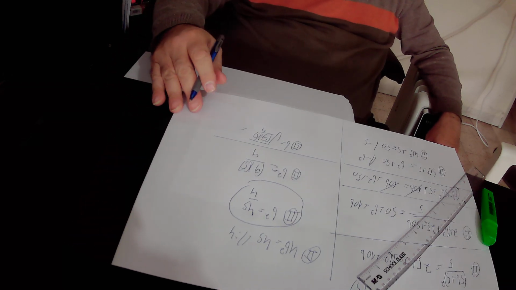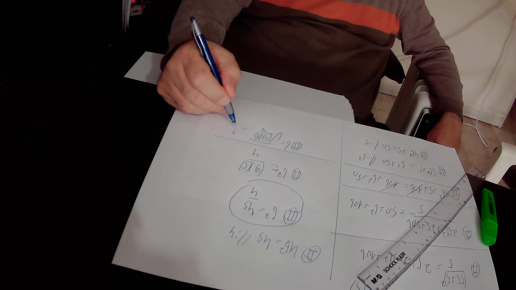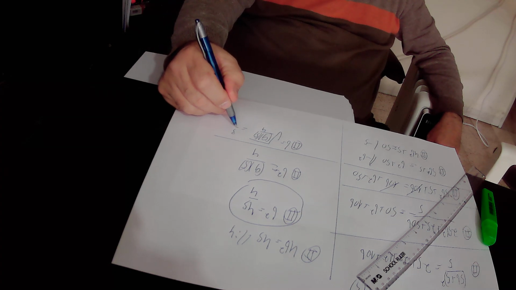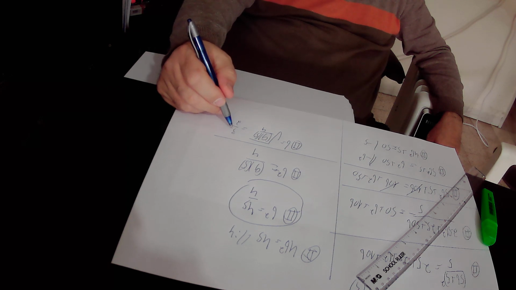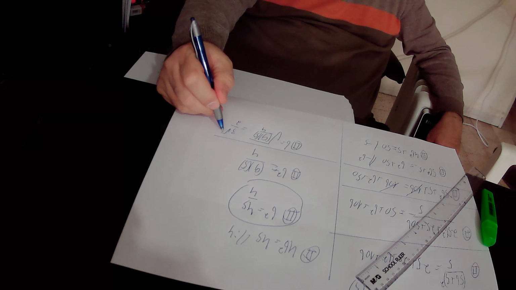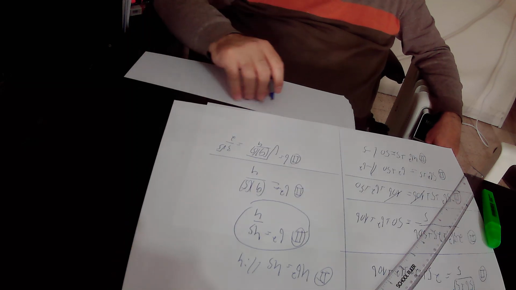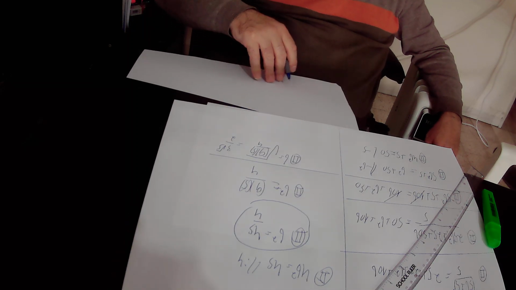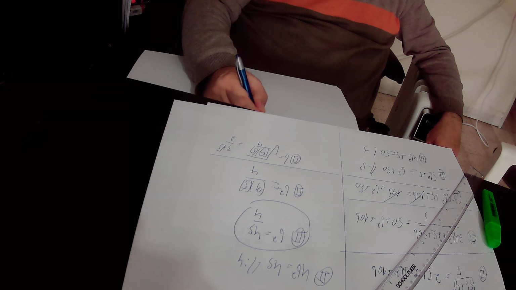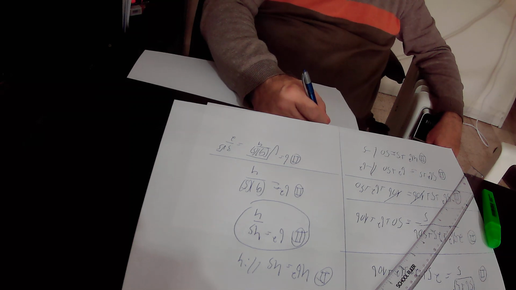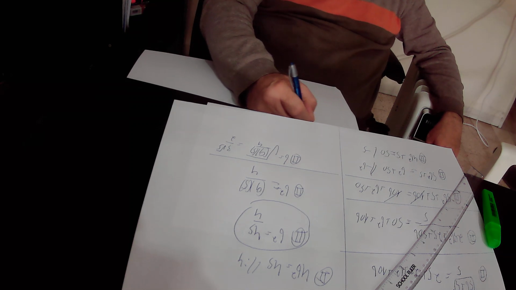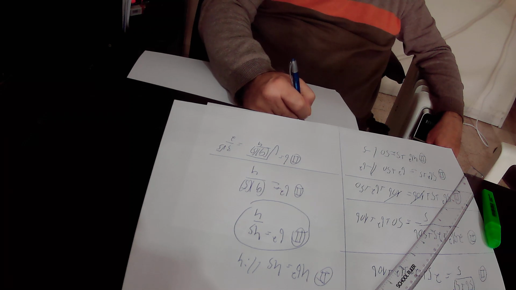The square root of 9 is 3, and the square root of 4 is 2. So inside the root, we are left only with the square root of 5. In conclusion, b equals 3 times square root of 5 over 2.